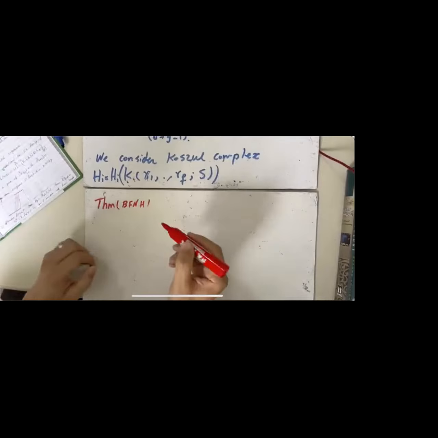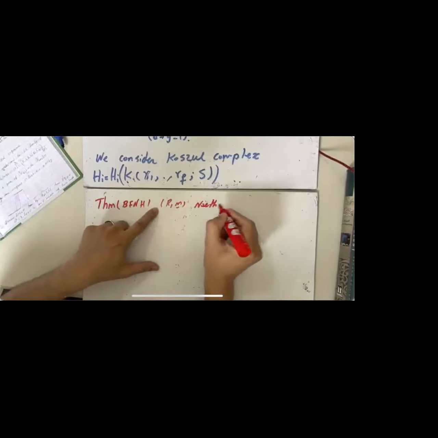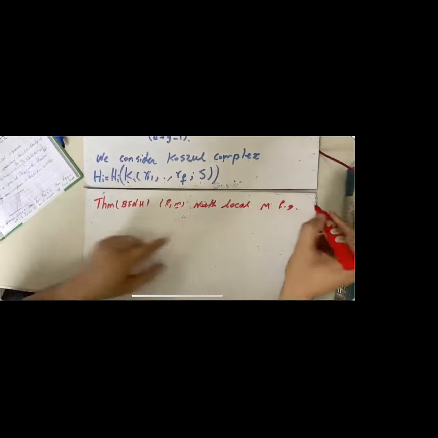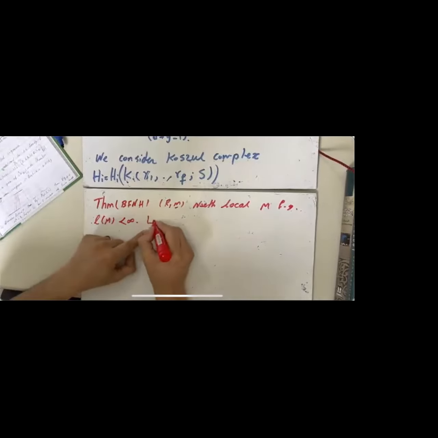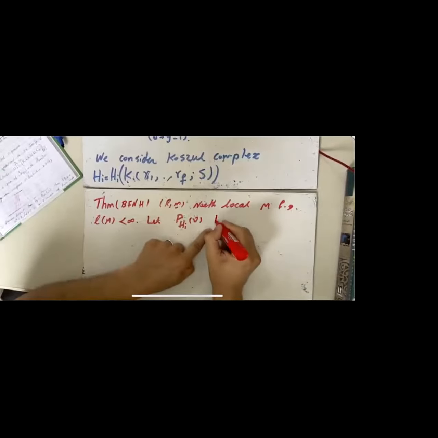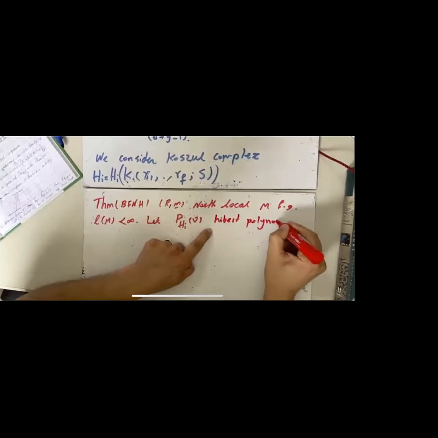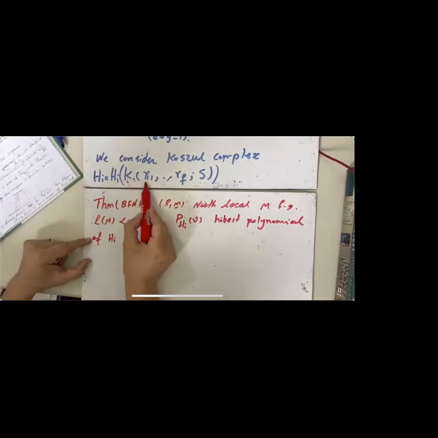So we prove the following. Let R be a Noetherian local ring, let M be a finitely generated module of finite length, and let phi be the Hilbert polynomial of the homology module H_i. So H_i is the homology of the Koszul complex of the linear syzygy equations.